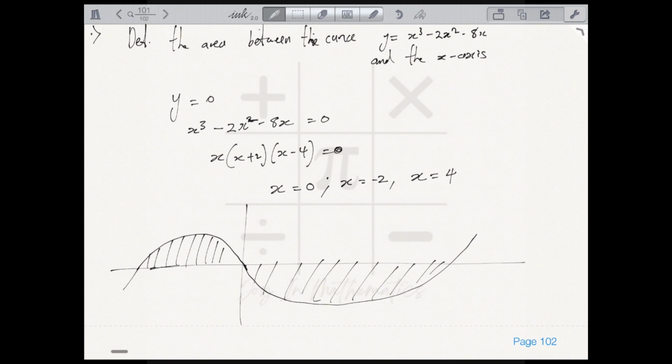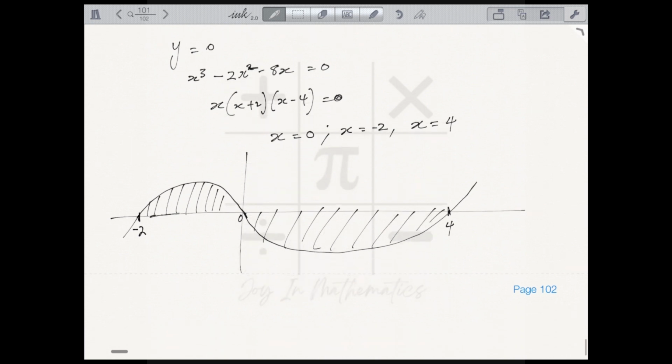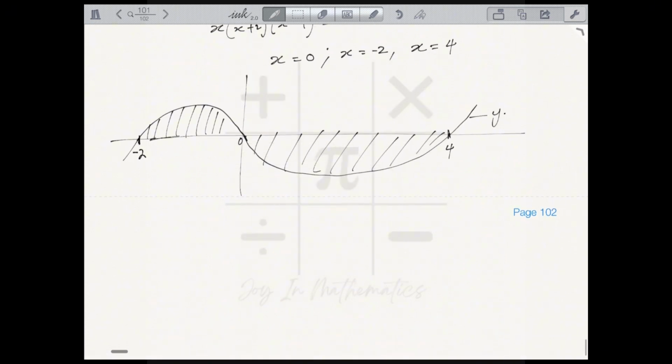So the point here is minus 2, 0, and the point here is 4. This is y is equals to f of x, and f of x is x cubed minus 2x squared minus 8x. So now to evaluate this area, we have A1 and we also have A2.